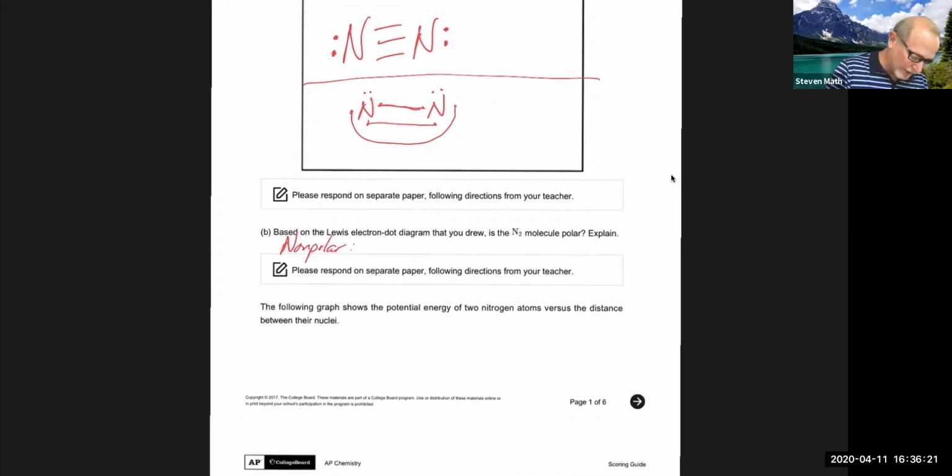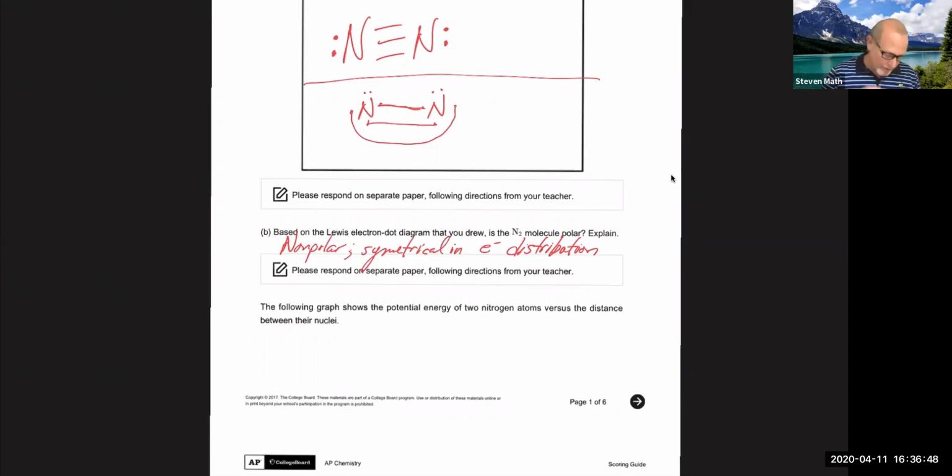It is completely symmetrical in electron distribution, which means the electrons are evenly spaced out. So there's no way for one side of the molecule to be more negative and one side to be less negative. The electrons are equally distributed.